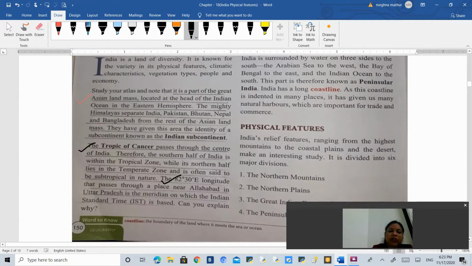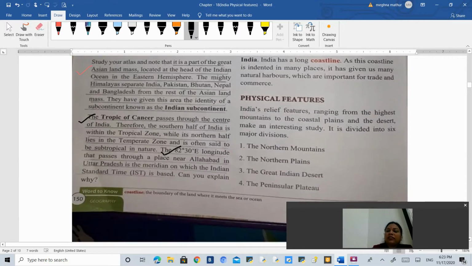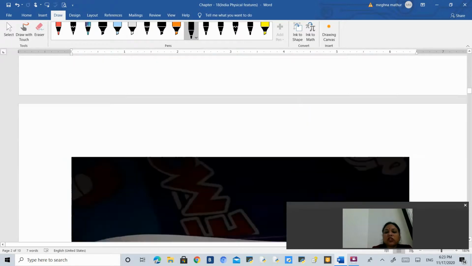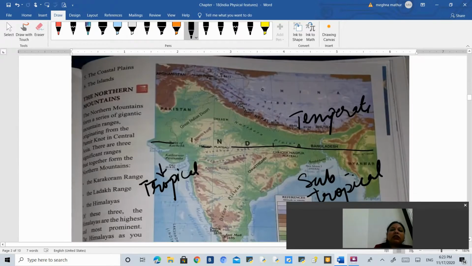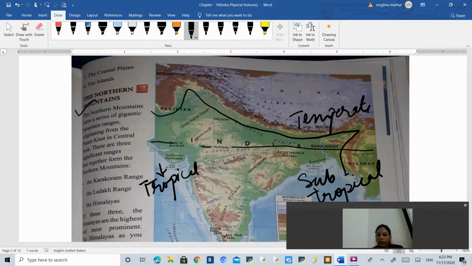Now we are going to talk about all these six features which we have read in the flow chart. The first feature is the northern mountains. This whole brown part which you can see over here is the northern mountain. As I told you, it separates India from the rest of the Asian countries, and not only India but Nepal, Bhutan, Bangladesh, and Pakistan also.